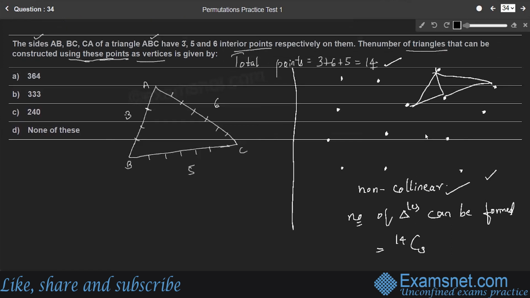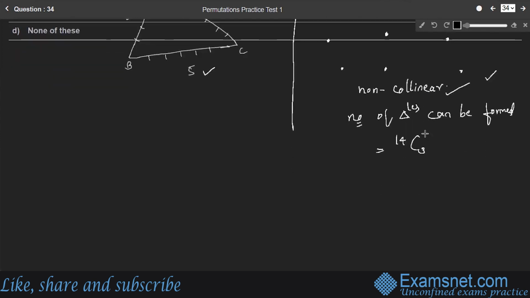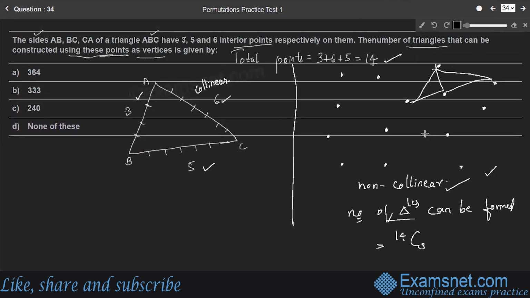But here in the given question, 3 points are collinear on AB, 5 points are collinear on BC, and 6 points are collinear on AC, right? These are collinear points. Therefore, you cannot take 14C3 as the total number of triangles that can be formed out of 14 points.